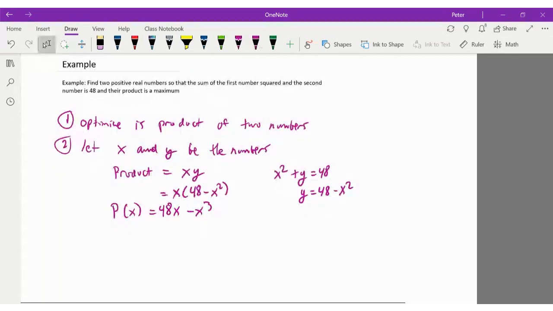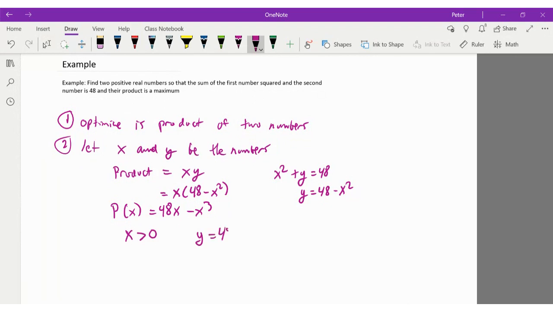And the domain: all it says is that the two numbers have to be positive. So we know that x has to be greater than 0. And we know that y equals 48 minus x squared, so in order for y to be positive, x is going to have to be less than the square root of 48.